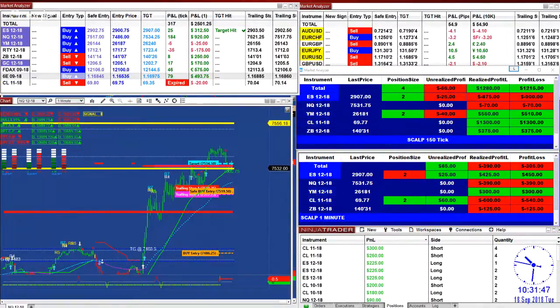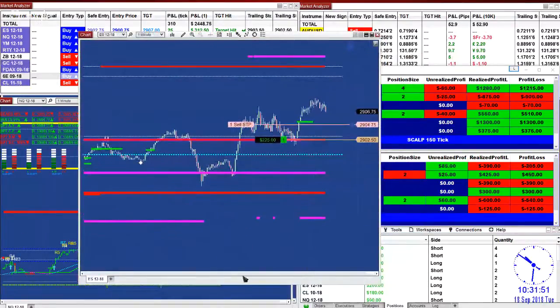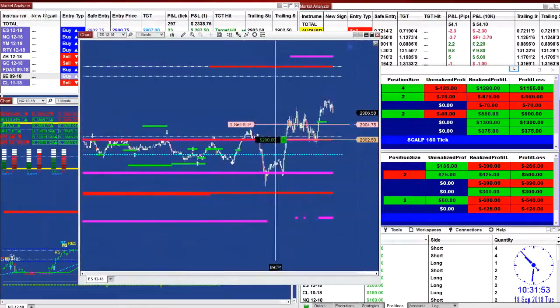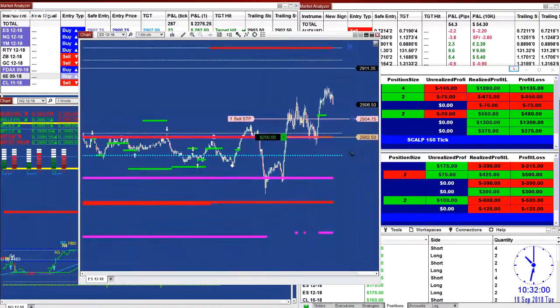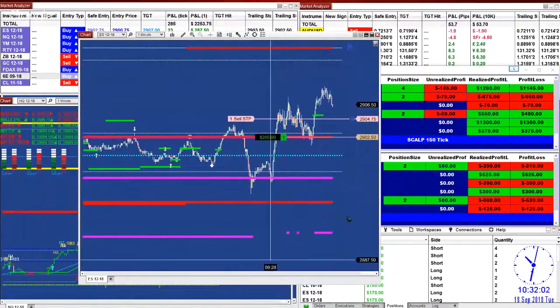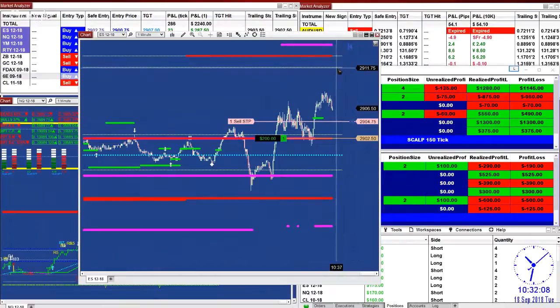For the ES, the one we called, we have a little pullback right now, and the stop loss we use is 904. So if you are happy with what you got, you can exit. Or if you would like to continue on that trade, we are expecting to be at 1211.75 to exit.